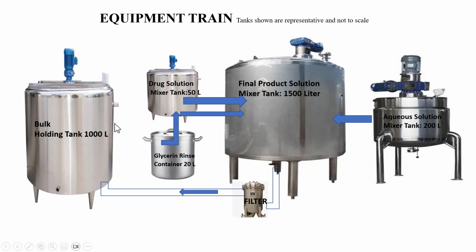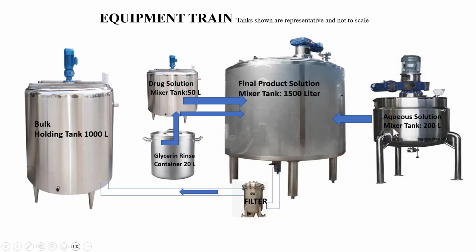The equipment train is shown here. The tanks shown are representative, they are not to scale. Aqueous solution is made in a 200-liter mixer tank. The drug solution tank, which is 50 liter, will be transferred. The glycerin rinse container is used to rinse out the drug solution and transfer lines and put into the mixed container.